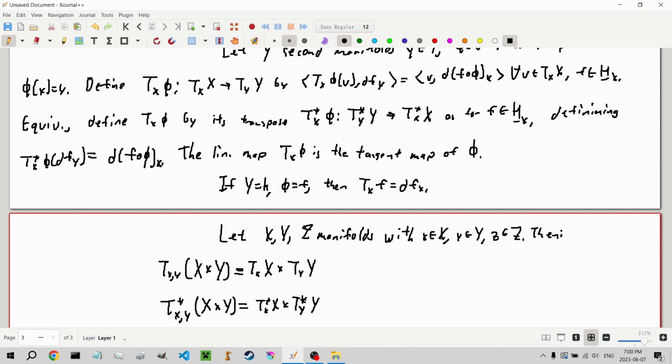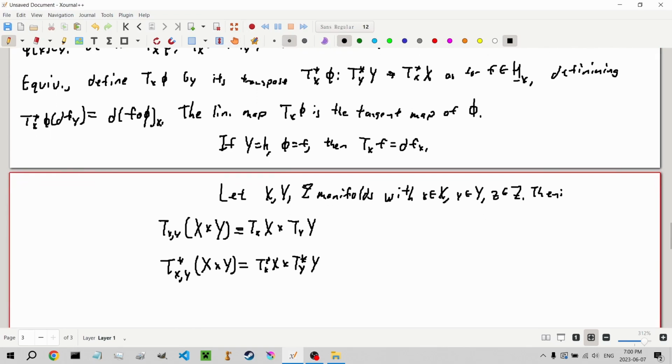Now, let phi be a morphism from X times Y to Z, such that we know that phi of (x, y) is equal to z.